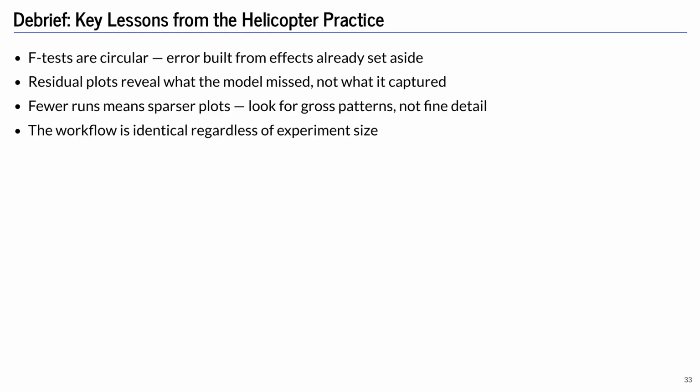You cannot detect subtle departures, and you should not pretend you can. And fourth, the workflow is identical regardless of experiment size. 2 to the 3 or 2 to the 4, 8 runs or 16, you pool, you test, you predict, you diagnose. The steps do not change, the numbers do.